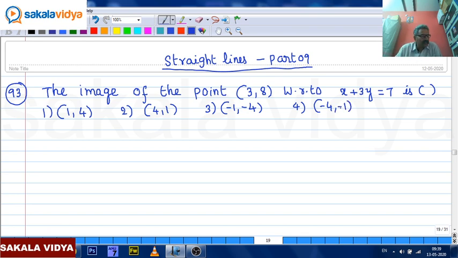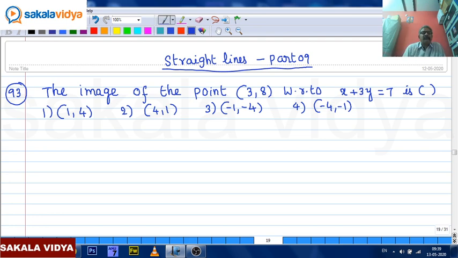Actually this model has not been covered so far. So, the question: the image of the point 3 comma 8 with respect to x plus 3y is equal to 7.